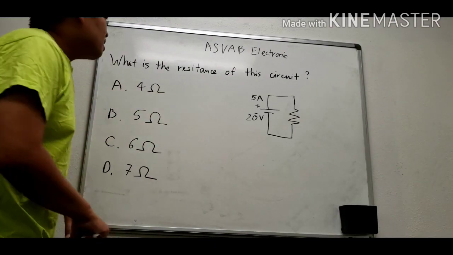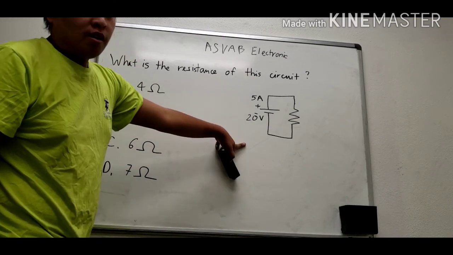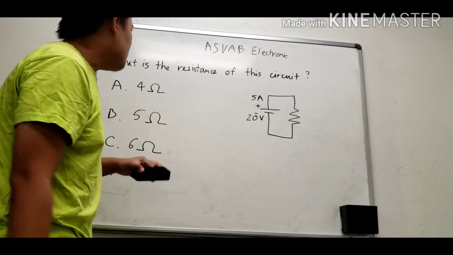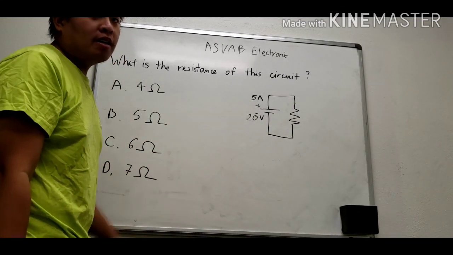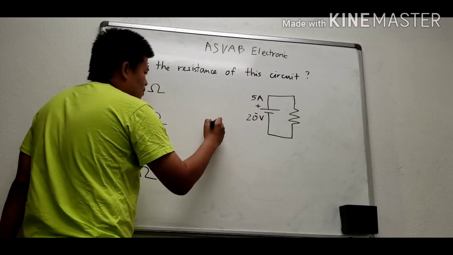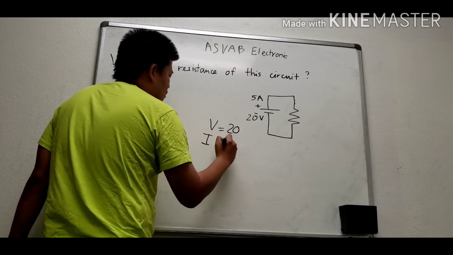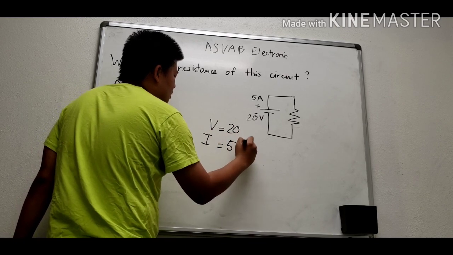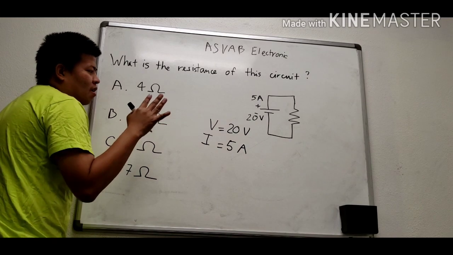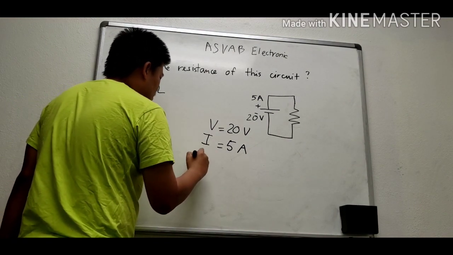What is the resistance of the circuit? We have the picture on the test. They will provide a picture like this and ask you to calculate something. So we have 20 volt, V is 20, I is 5. Right now we have 20 and 5, we just apply Ohm's law.